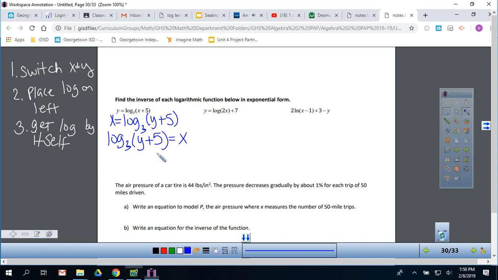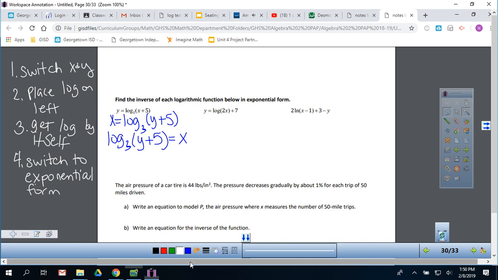Alright, so now our log is all by itself for this one. So now we're going to switch it to exponential form. So looking at our log, what's our base of our exponent? 3.